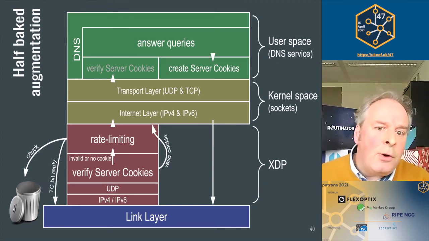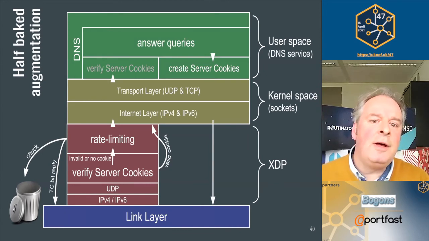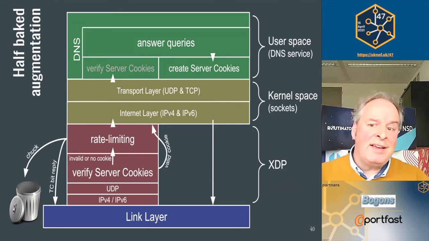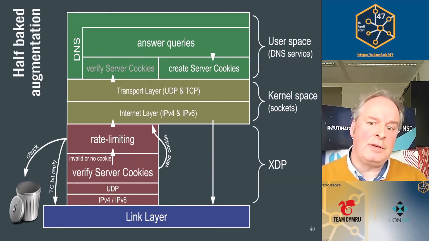But note that the creation of the server cookie in the response is still done by the user space software. So it's a bit of a half-baked implementation, because DNS cookies are not just about verification, but they also need to be created. So we still need the user space DNS software creating the cookies.